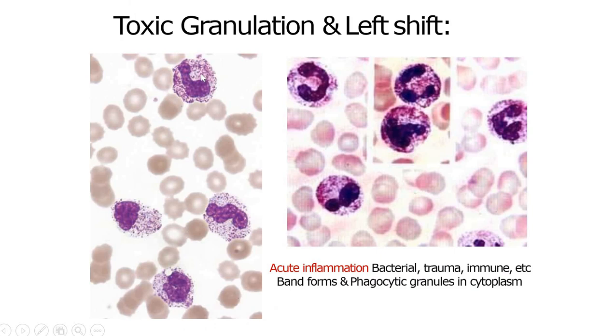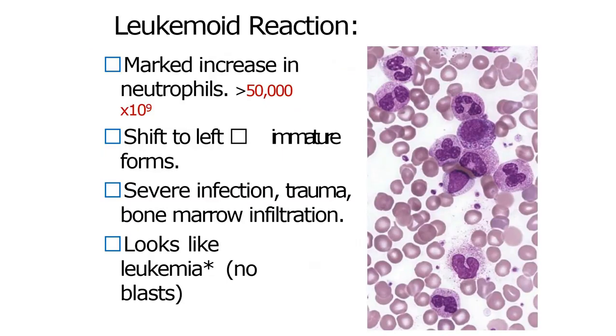Toxic means they are darkly stained, because they're really active. They're liberating the enzymes to fight the infection. So this is called toxic granulation, which is very significant of acute inflammation, and could be bacterial, immune, or due to trauma, whatever be the reason. Whenever there's an acute inflammation of the body, these toxic granulations can be seen in the neutrophils.